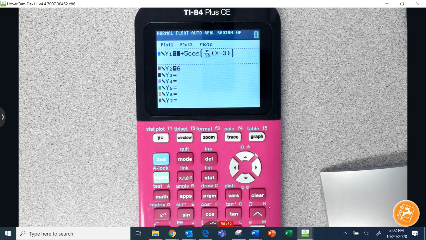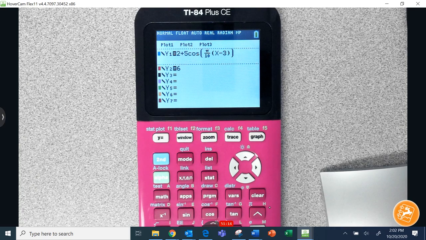Having calculated, you're either in the wrong mode or you typed it in wrong. I can fix it if you typed it in wrong.